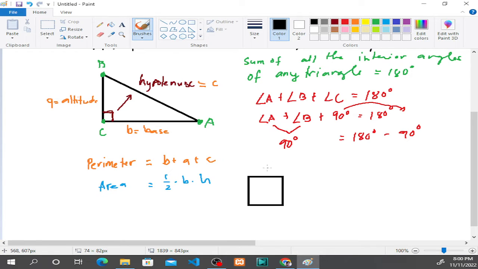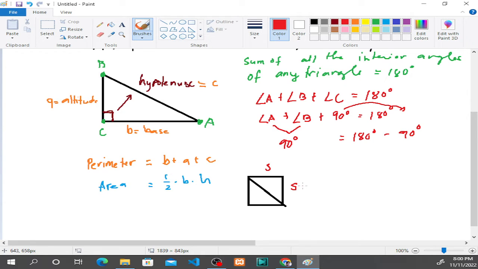If we cut the square into two, it creates two symmetrical right triangles, so whatever is the measure of one is also the measure of the other. The area of the square is S times S, but we need 1/2 of that.